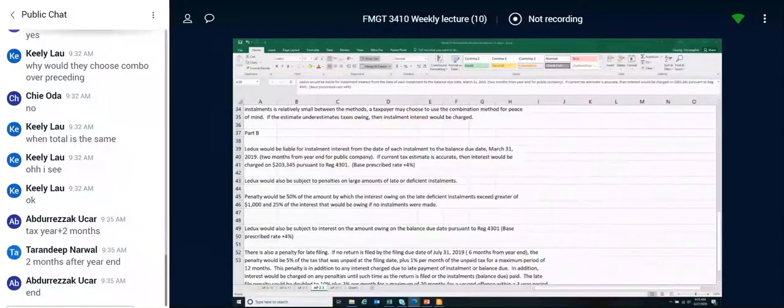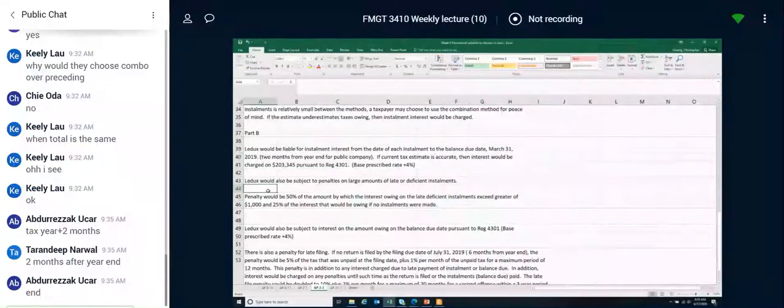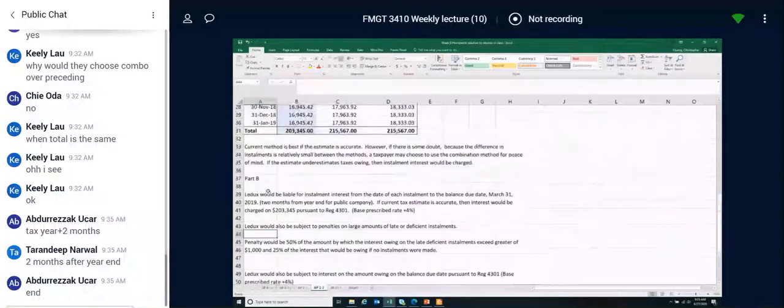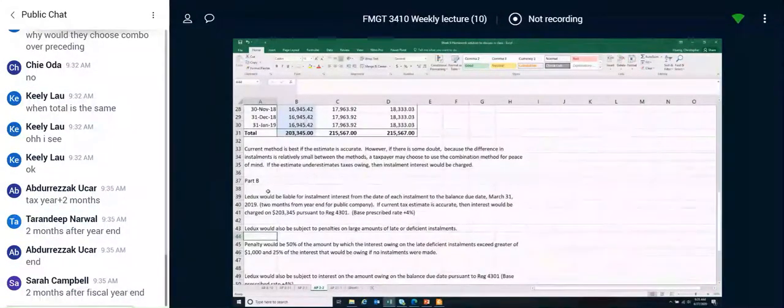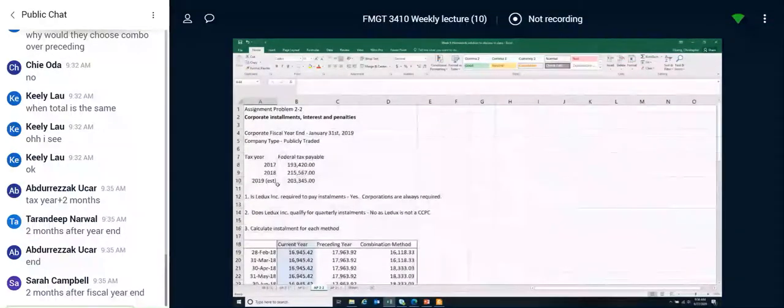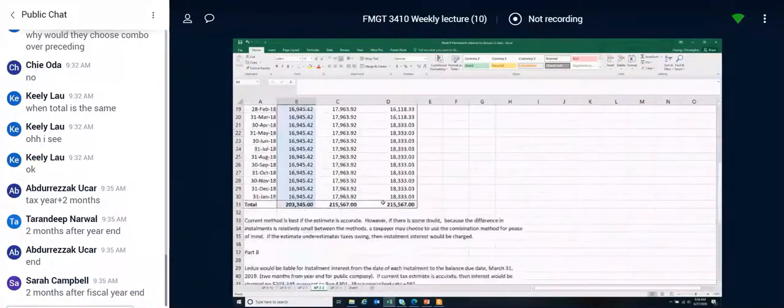So if you're a non-CCPC, remember, it is 2 months. If you take a look at Ladue, Ladue's year end is January 31st, so 2 months is March.